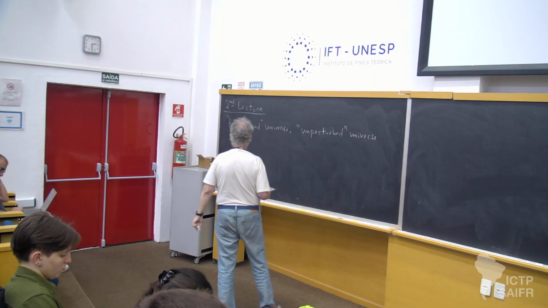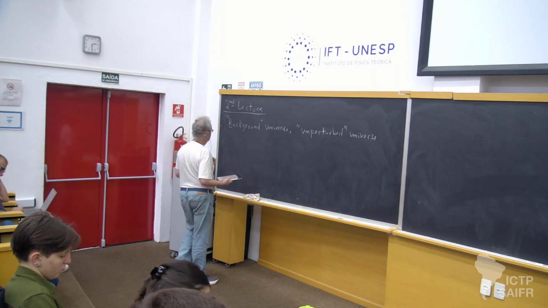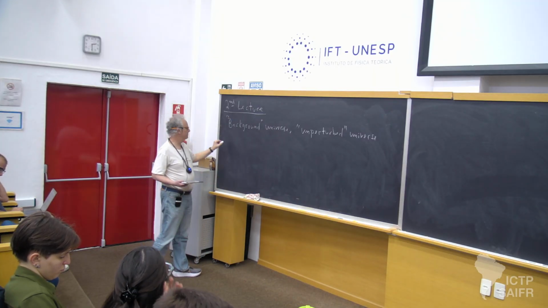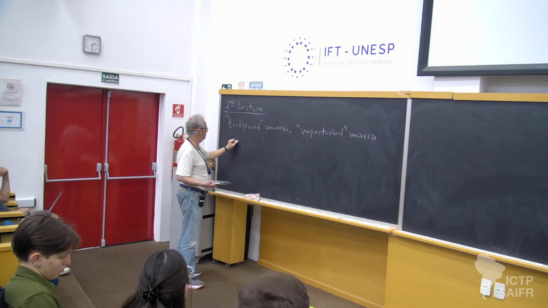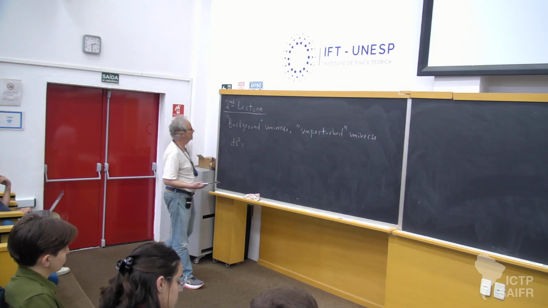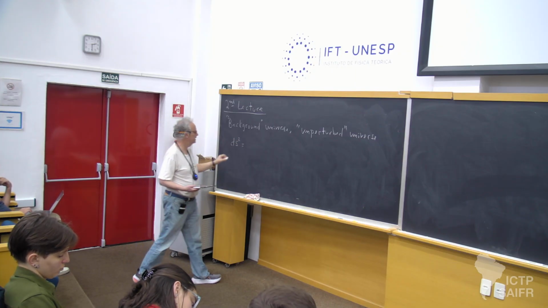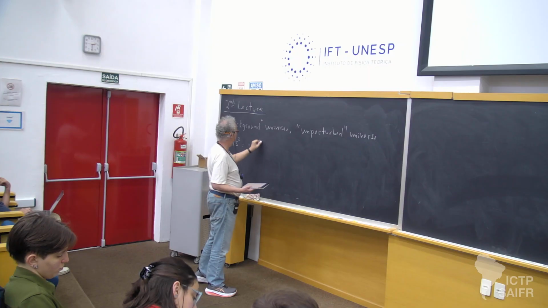And what we saw last time is that in this case, the metric that describes the universe is very simple. It's what's called the Friedmann-Lemaitre-Robertson-Walker metric, which is just something like this.